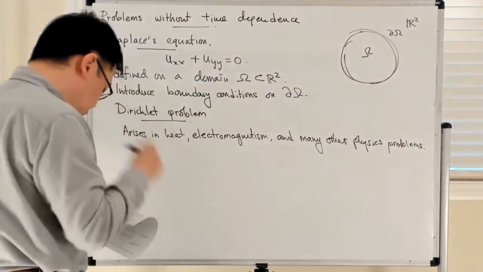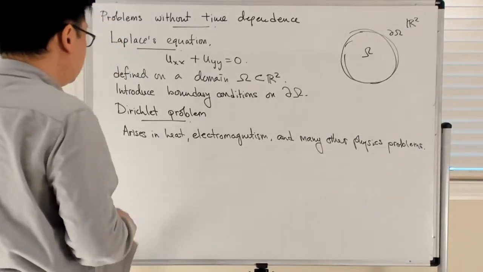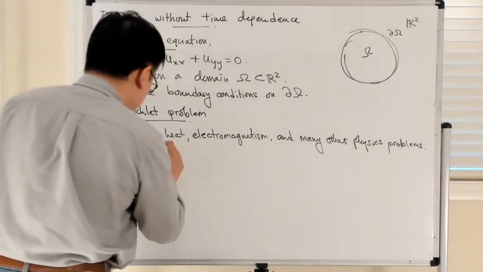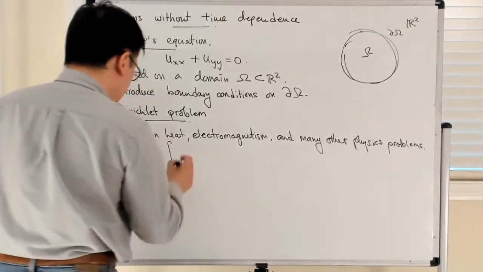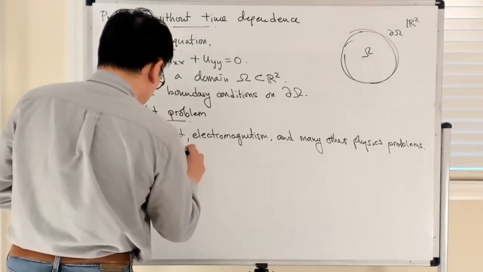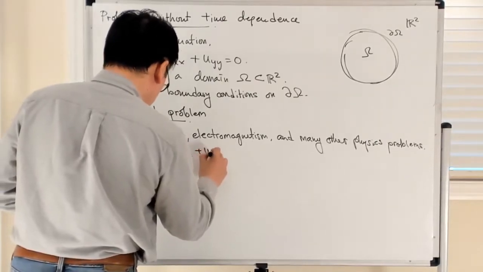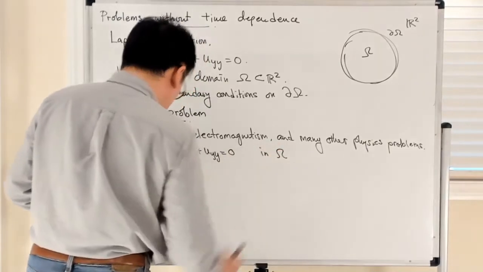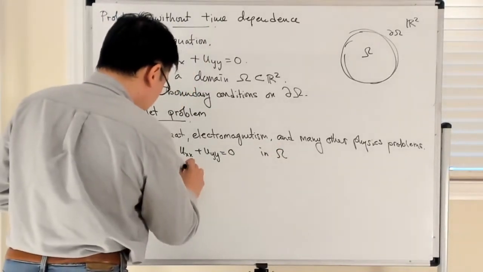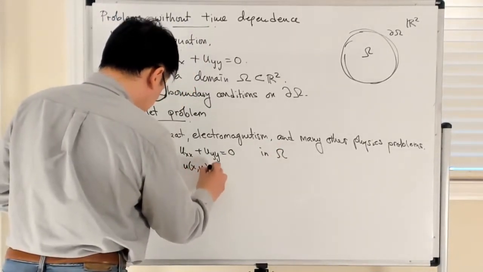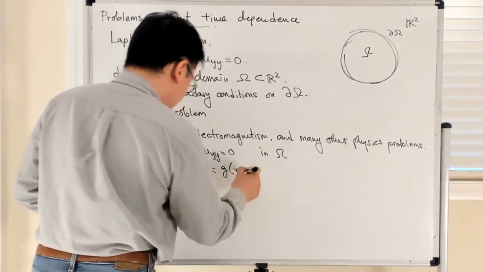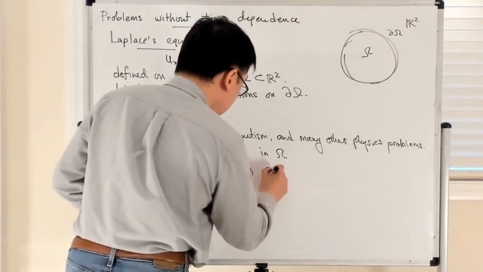Okay, so what you want to do basically is the following. Again, you have the following PDE with boundary conditions: u_xx plus u_yy is equal to 0 in this domain omega, and then u(x,y) is equal to some function, let's call it g(x,y), on the boundary.